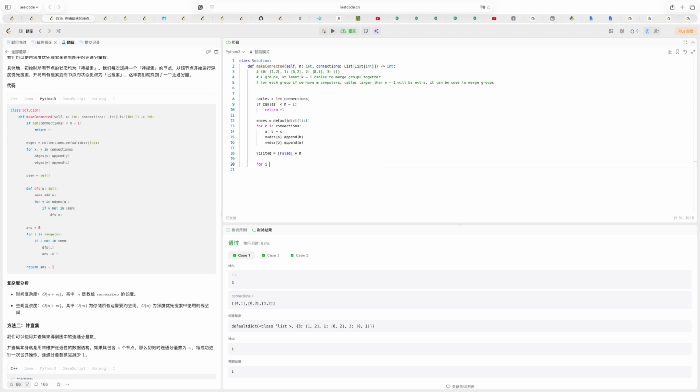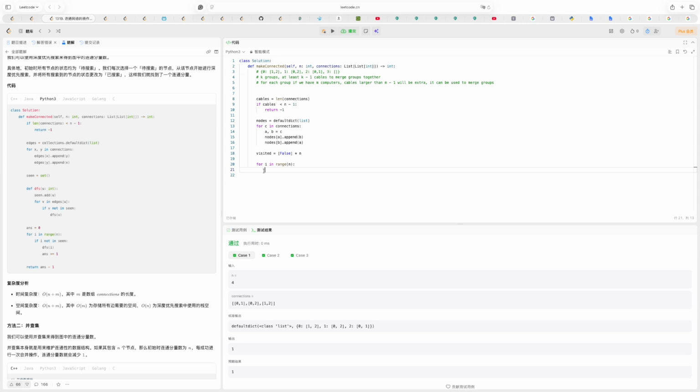I think we'll use for i in range n, because if we use node, then this 3 will not be checked.